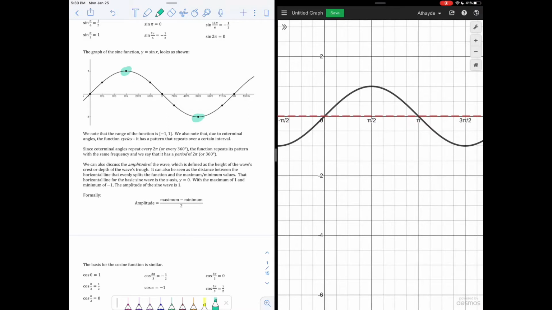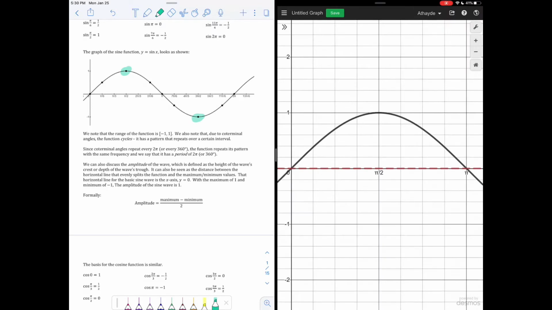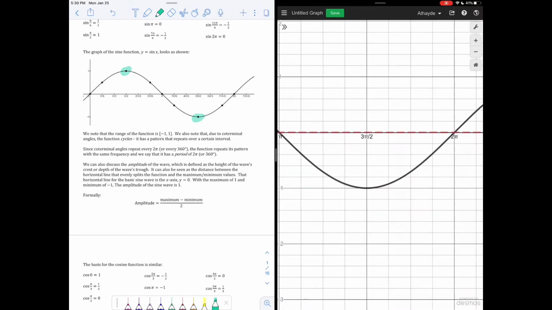The amplitude is how high the wave rises above its middle area, or how deep it sinks beneath that. So looking at this, we've got a middle line here. This one is situated right on the axis. And the curve rises 1 unit above that. It sinks 1 unit below that.